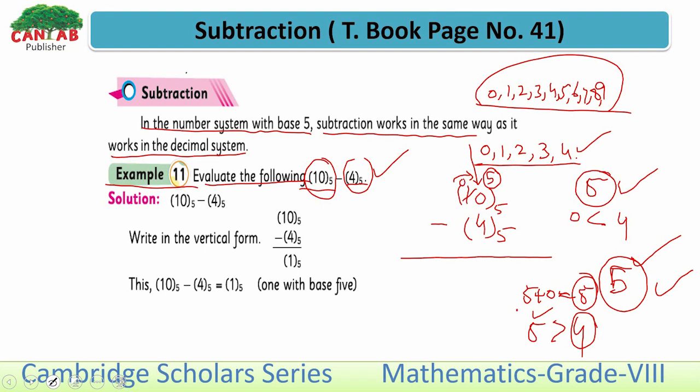We write 0 on top of 1. Under the first column, we write 1 because 5 minus 4 is equal to 1. So our answer is 1 with base 5. We don't write 0 on the left side of 1 because 0 means nothing.